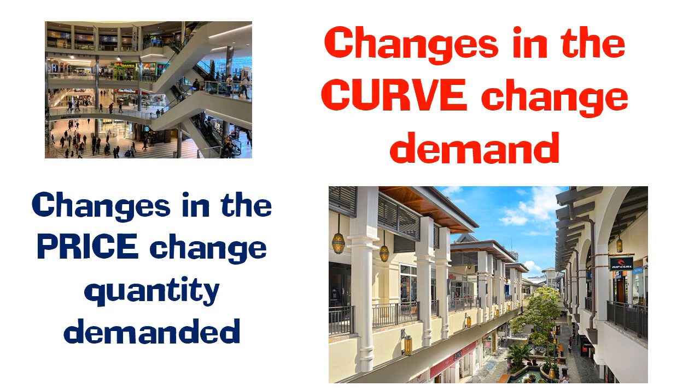Remember that changes in the curve, and I just said this a second ago, and I'll say it again, changes in the curve change demand. Changes in the price change the quantity demanded. So if Rip Curl lowers the price of surfy stuff, they would change the quantity demanded.